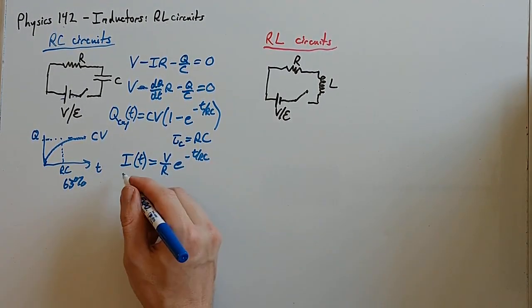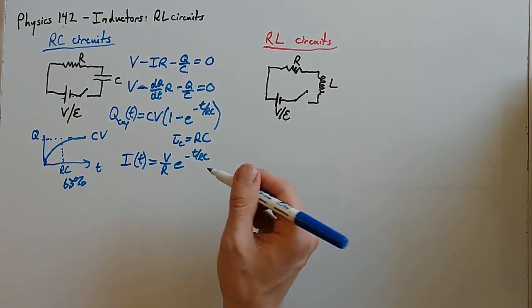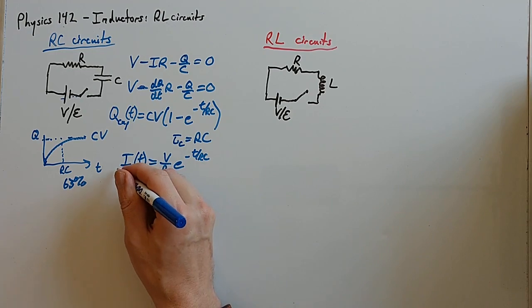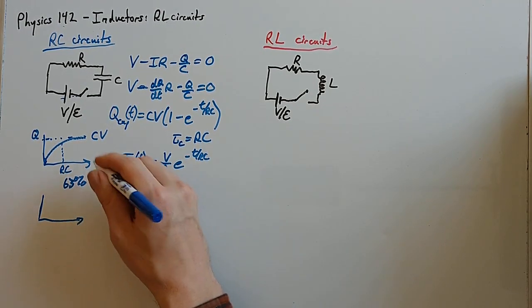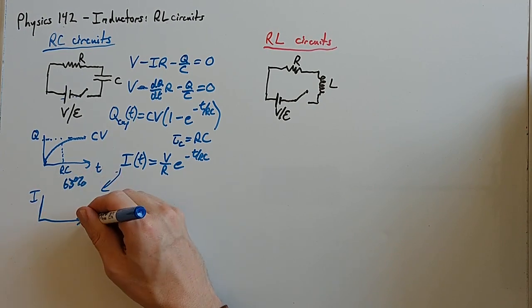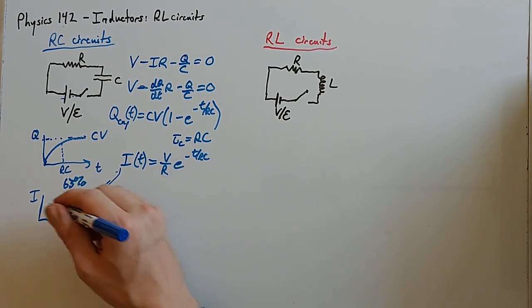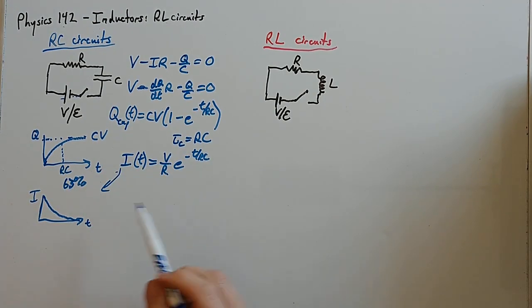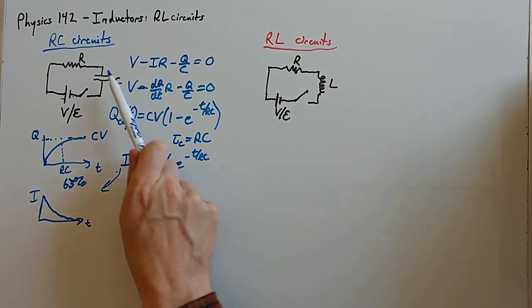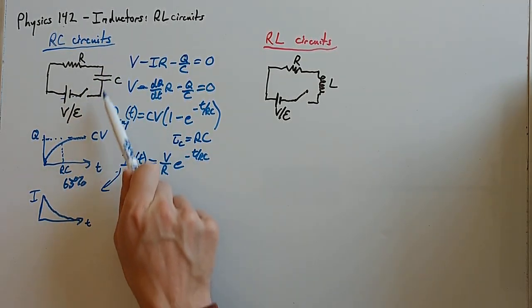And so the plot of current over time, if we make that plot, what you end up getting is an exponential decay. At time equals 0, you're at a maximum, and then the current decays with time. We said capacitors at early times are like wires, and all the current is flowing through them.